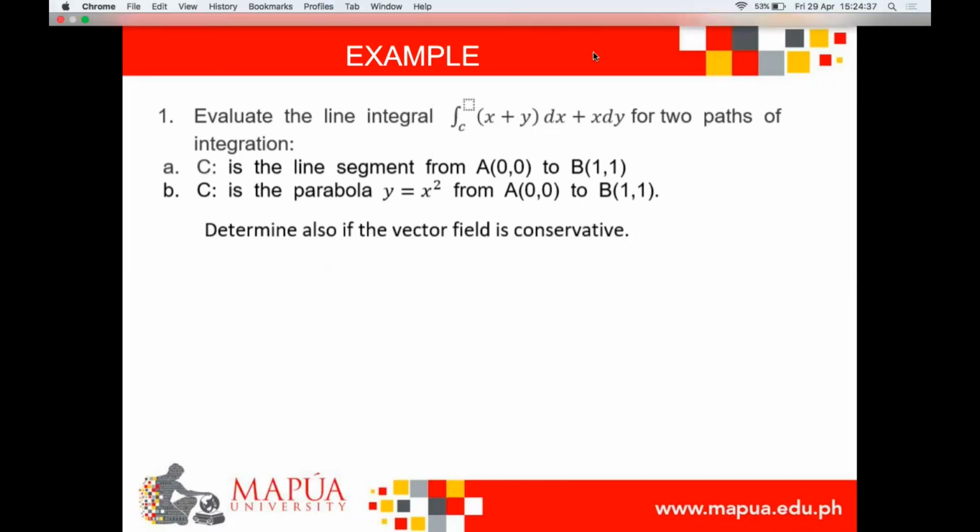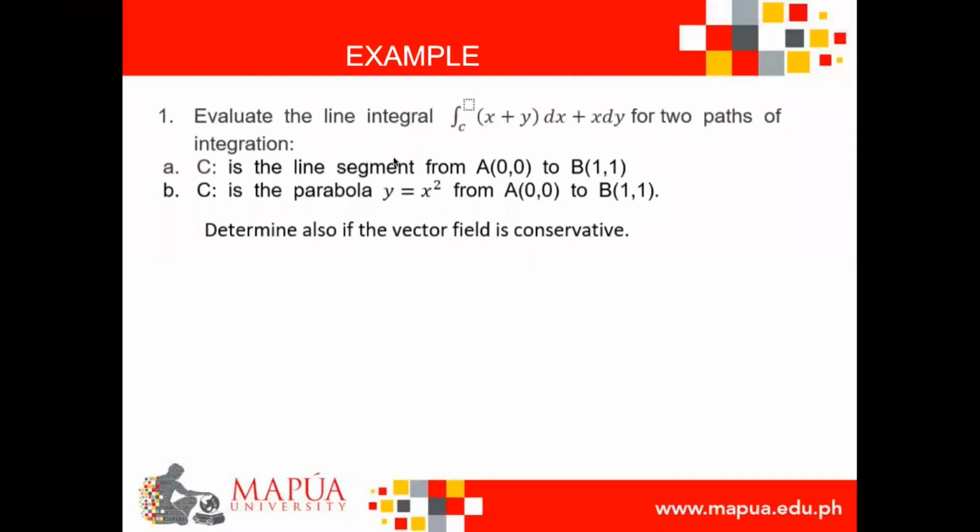So first thing to do is to find your vector field F. And we can define the vector field F by writing it as F of x, y is equal to x plus y, referring to the first integral given, then we have the second integral, which is x.